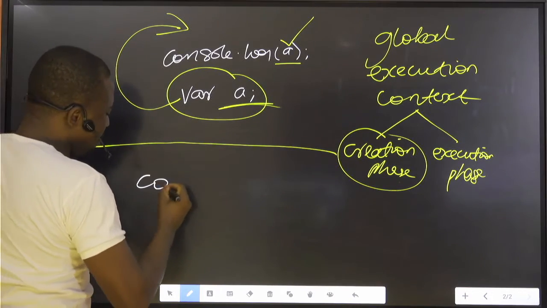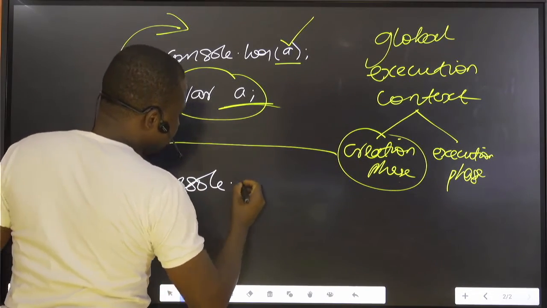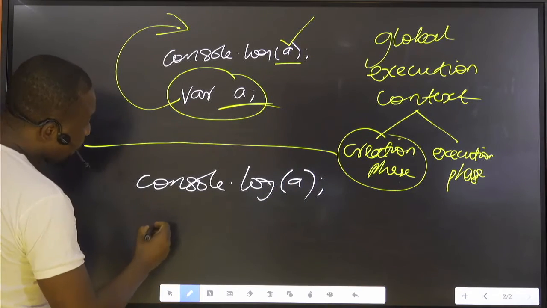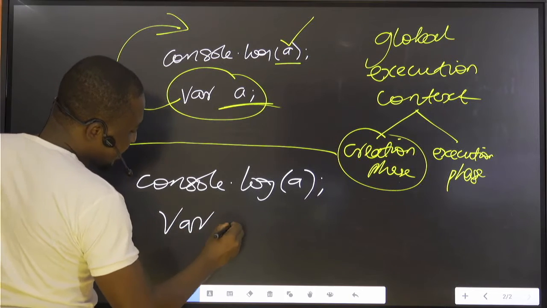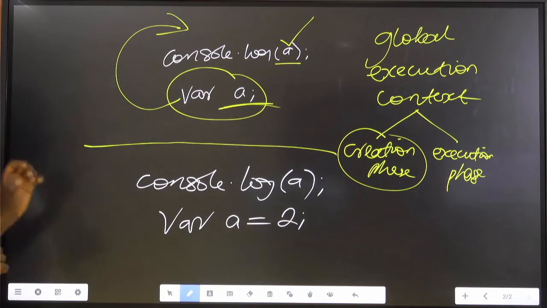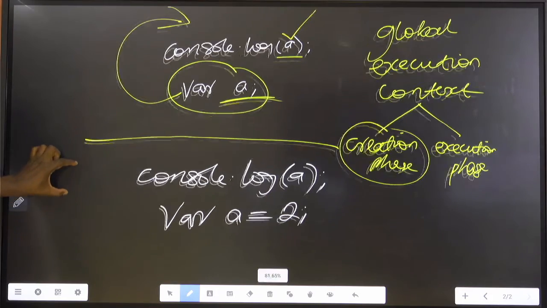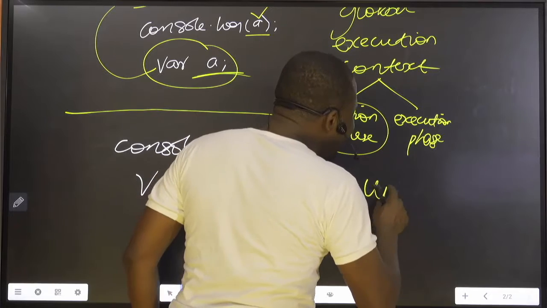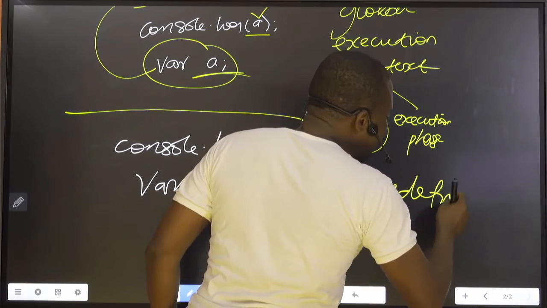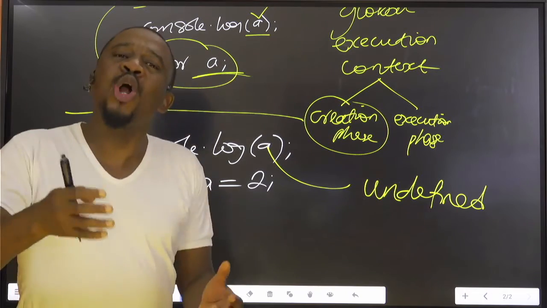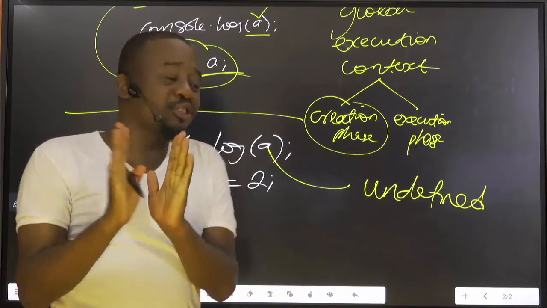I say console.log a, I do var a equals 2. What output do you think it will still give me? Do you think this time it will give me 2? It will still give me undefined. Why? JavaScript will only lift the declaration part.